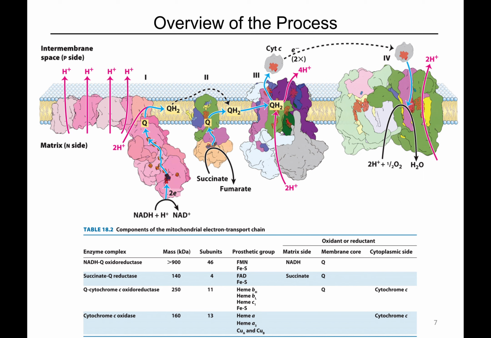Cytochrome C is a water-soluble protein present in the inner membrane space that then carries electrons from complex 3 over to complex 4, and complex 4 is named cytochrome C oxidase. It oxidizes cytochrome C and ultimately catalyzes the transfer of electrons onto molecular oxygen, producing water.